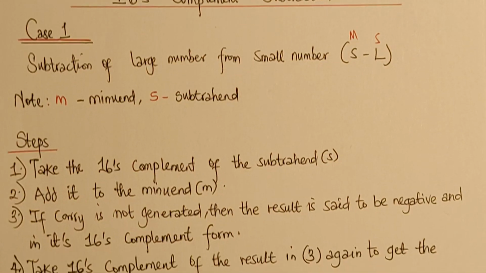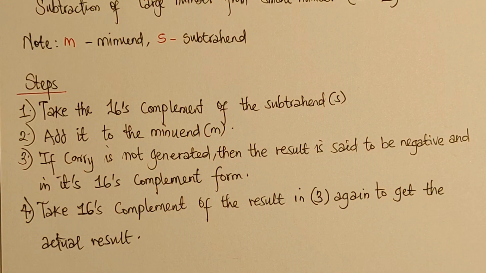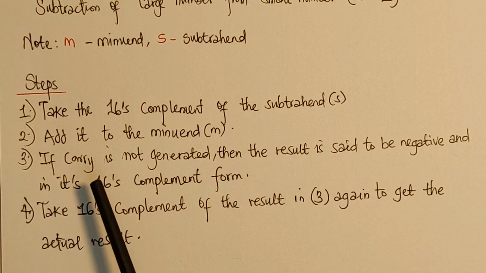Now the first one, we have step 1, which is to take the 16th complement of the superend, S. Now, whatever value we get from step 1, we are going to add it to the minor end, M. Now, we will look out, is there any carry generated?